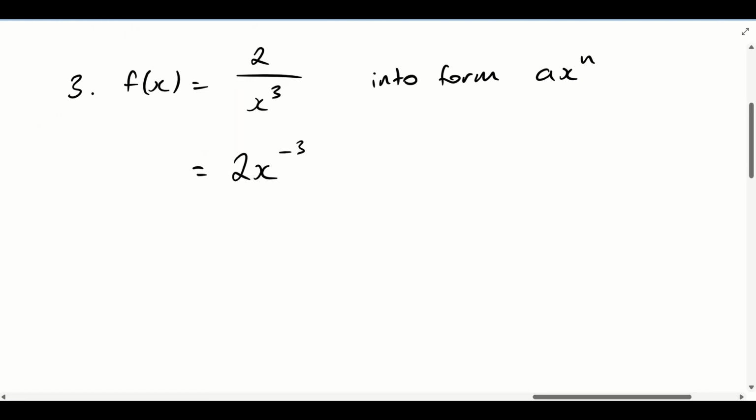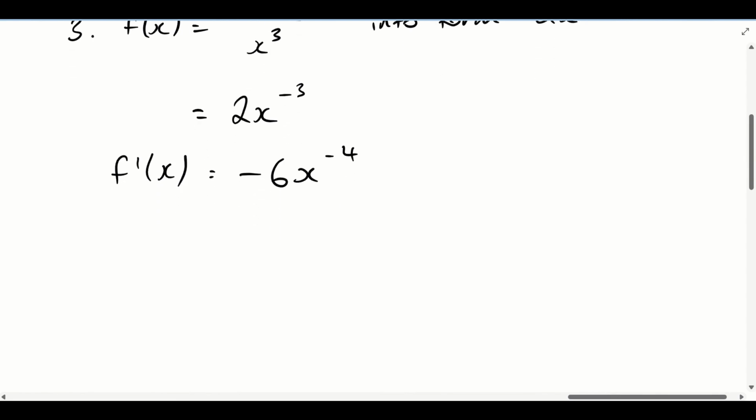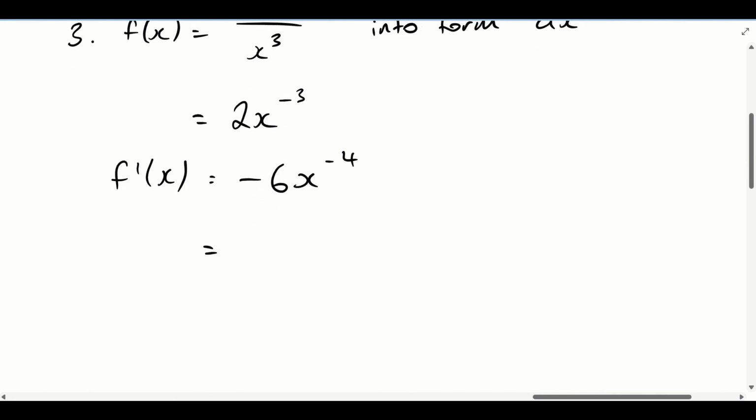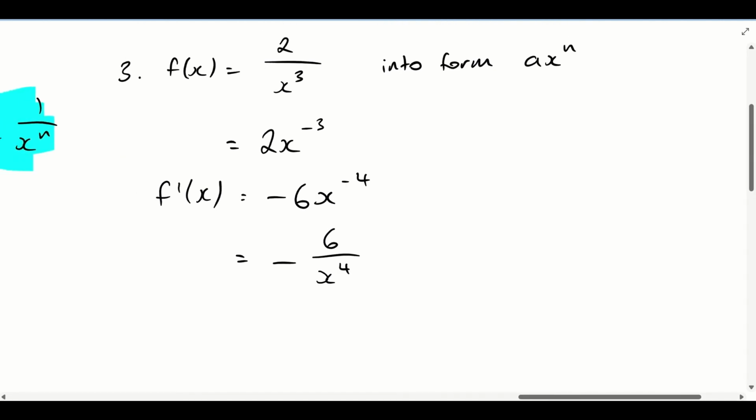And now we can say that the derivative is going to be minus 3 times 2, so minus 6 times x to the power of minus 3 minus 1. So that's going to be minus 4. And now if we want to rewrite this with positive indices, we just put that x to the minus 4 on the bottom as x to the 4. So we say it's minus 6 over x to the power of 4. And that would be your solution for the derivative.